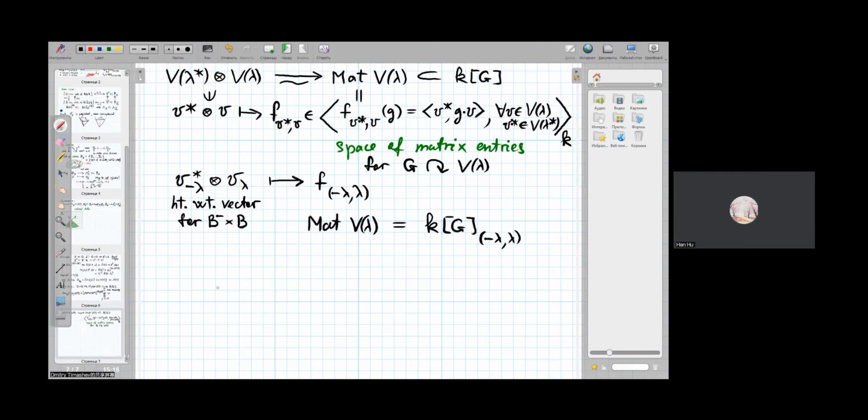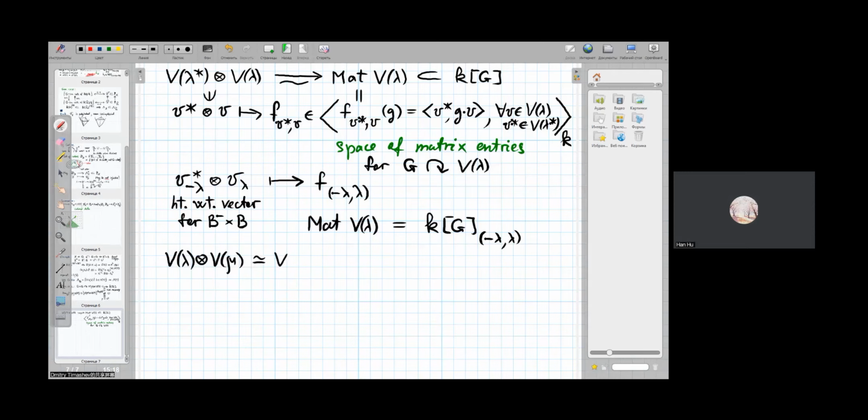And now, if we consider the product of these two submodules, it corresponds to the tensor product of representations. So let's take the tensor product of two representations of G, V of lambda tensor V of mu.